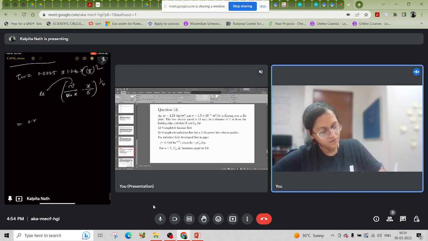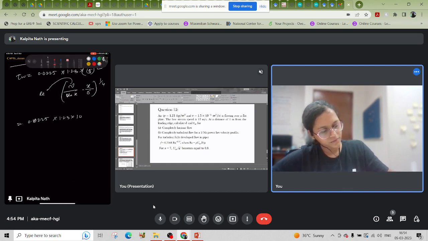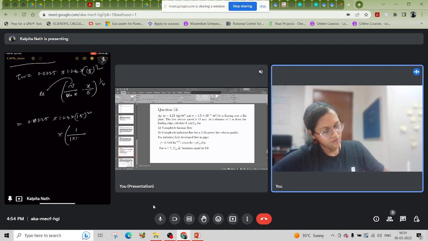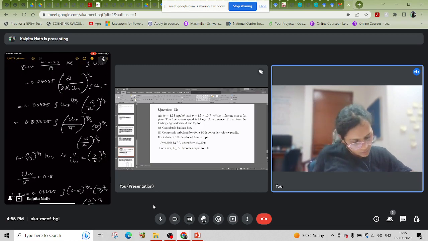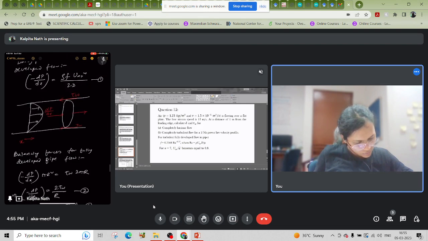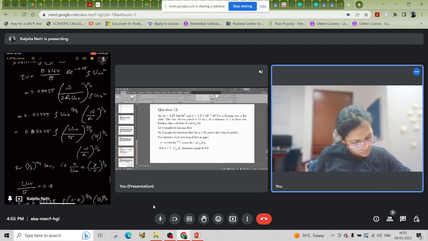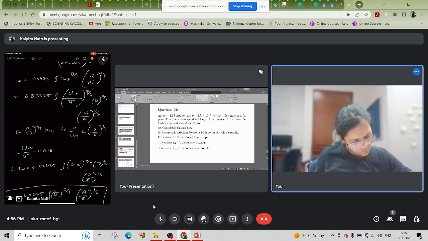So this is 0.0225 into 1.23 into 15 square into 1 by 1 into 10 to the power 6, by 0.0233 to the power 1 by 4. This gives tau w to be 0.502 newton per meter square. And for laminar, what we got? Laminar tau w was 0.101.